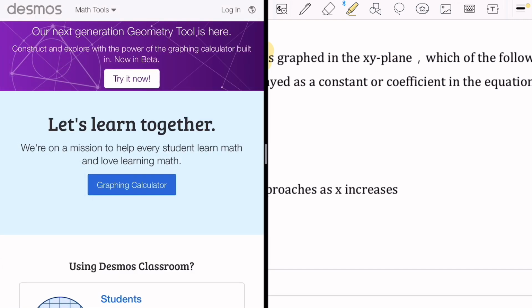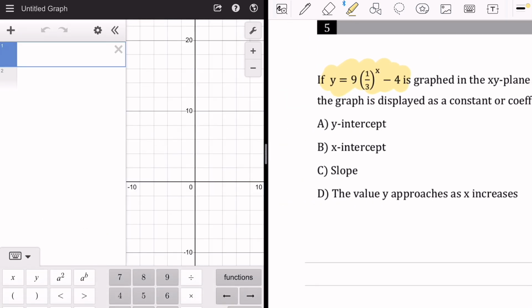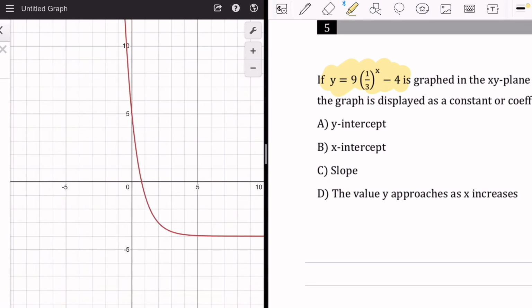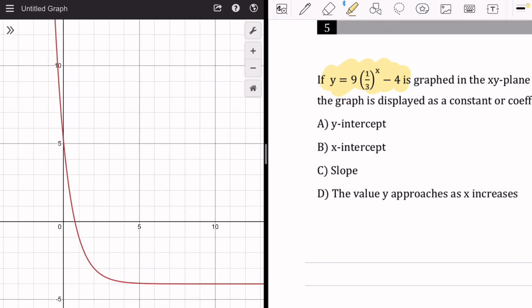For this question, you have to graph this equation: 9 times (1 over 3) to the x, minus 4. So the graph looks like this.